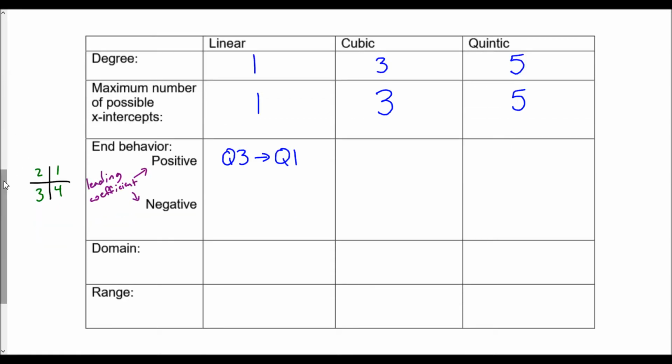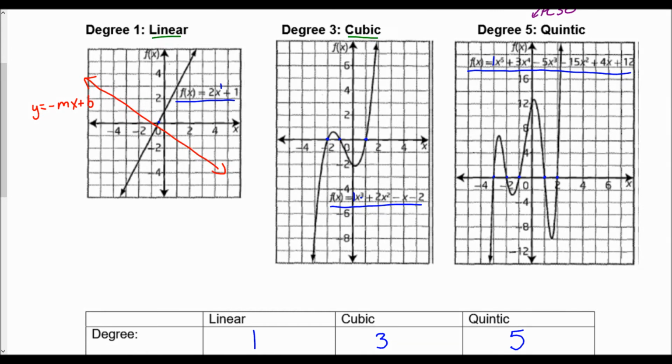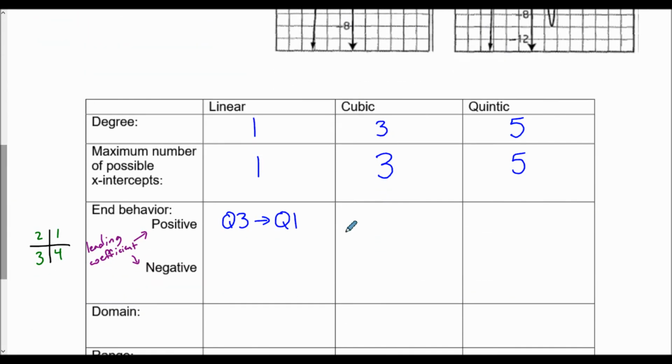Now, since we have the end behavior for a linear, we can look at the end behavior for the cubic and for the quintic and see that each of these are also starting down in quadrant 3 and ending in quadrant 1. Keeping in mind, the coefficient in front of the cubic is a 1, and the one in front of the quintic is also 1, both being positive. So each of these end behaviors is going from quadrant 3 to quadrant 1.